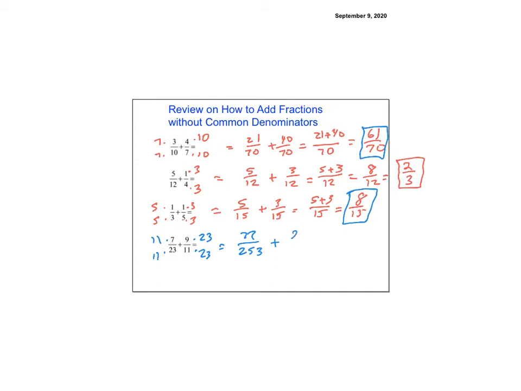The second numerator becomes 207 over 253. Now we can add 77 plus 207 all over 253. When we do that, we get 284 over 253.